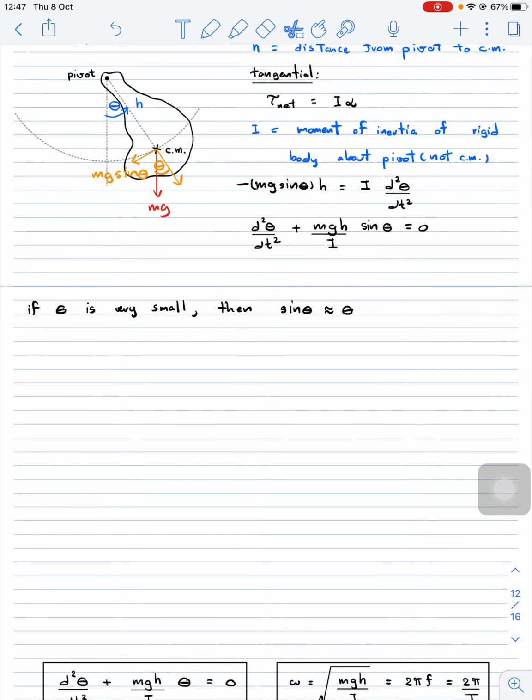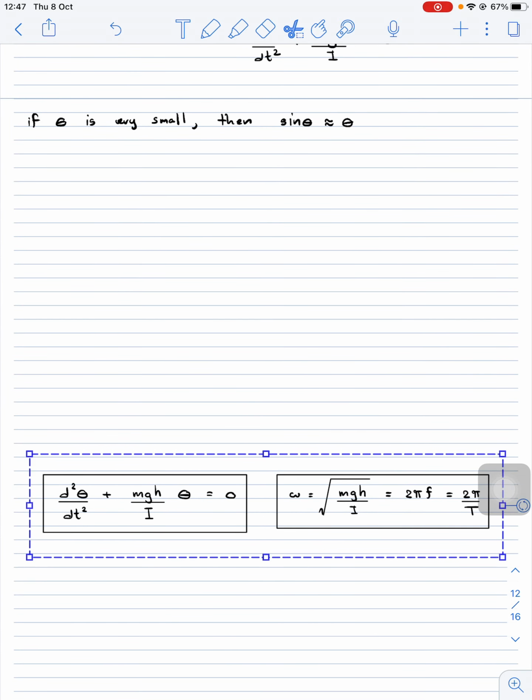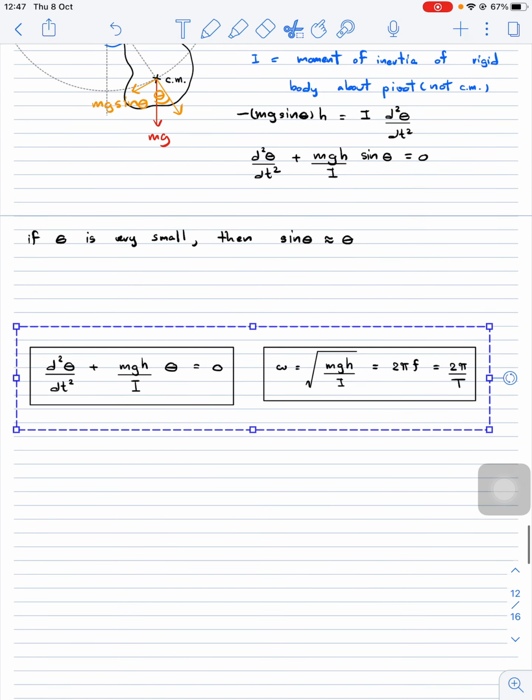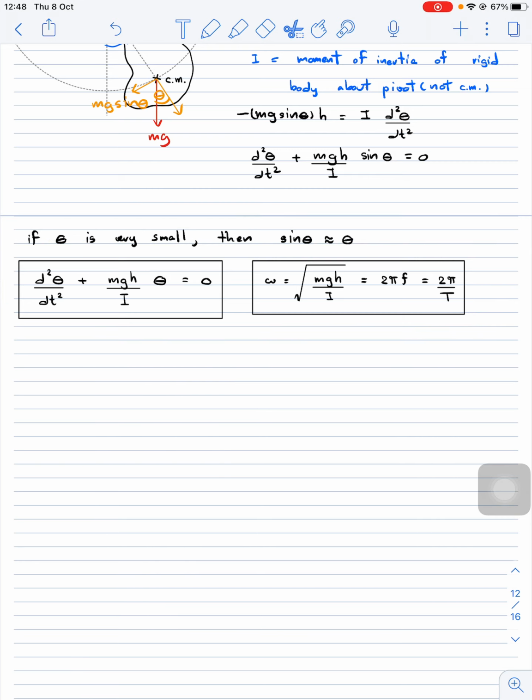So finally we have this equation: d squared theta over dt squared plus mgh over I times theta equals 0.